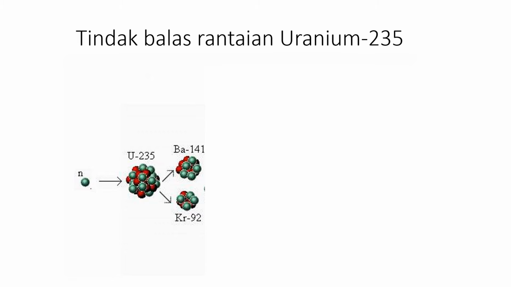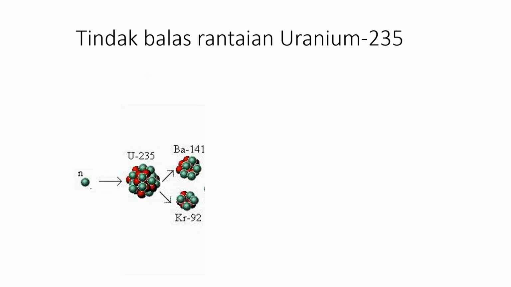This is the chain reaction of uranium-235, where you can see we have a neutron that will be bombarded into uranium-235 and make the uranium-235 become unstable and split into two. It will produce barium-141 and also krypton-92. This reaction only occurs for one uranium-235.